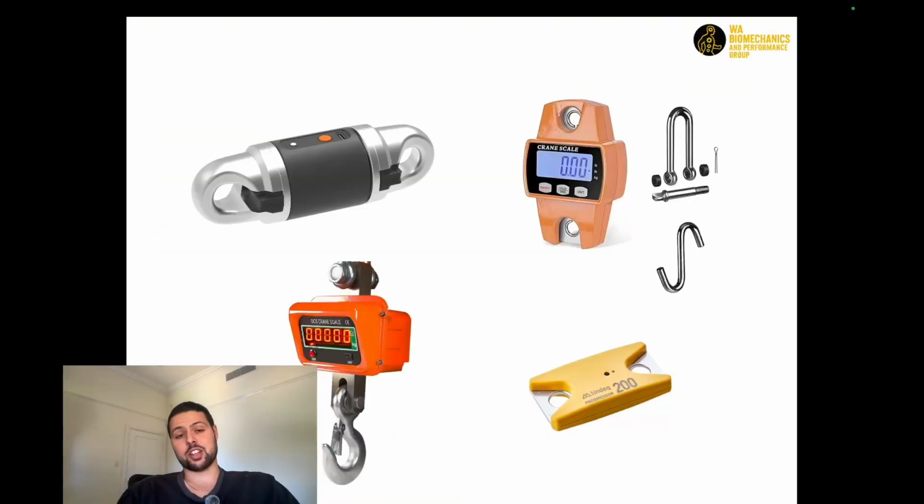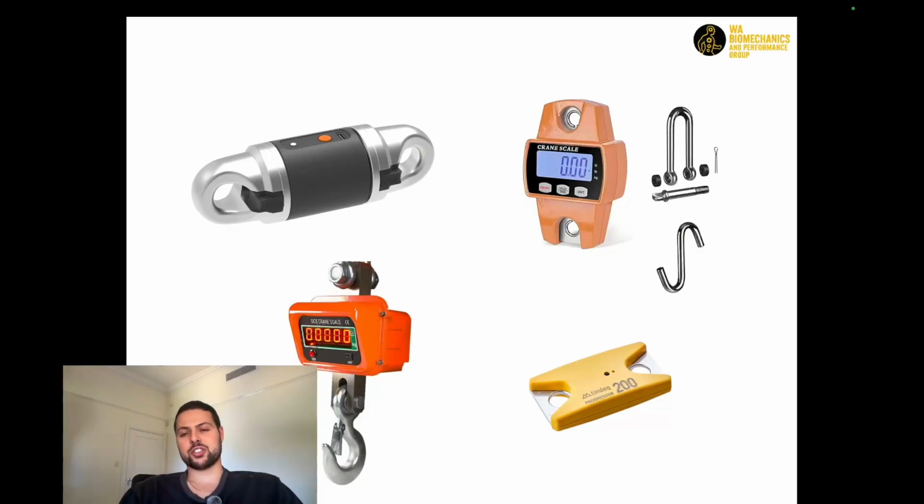And there's a hell of a lot out there. So just a few examples. We've got a crane scale, which you can purchase from Bunnings. Before I saw crane scales, I just thought of them as a scale for measuring the size of a fish that you caught.